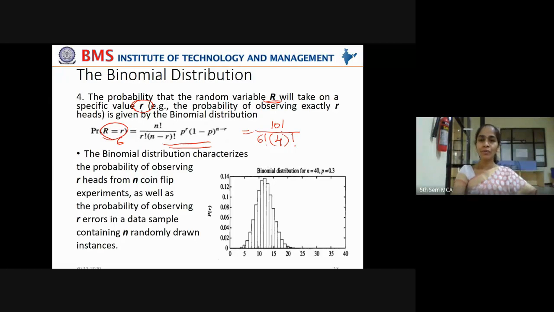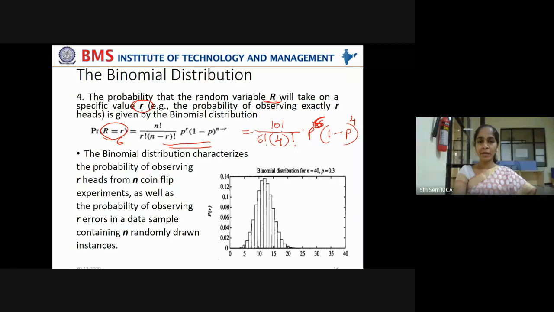Multiplied by the probability of observing head, P, in a single coin toss, raised to the power R, that is 6, because 6 times head is observed, into 1 minus P, the probability head is not observed, raised to the power 4, the number of times head is not observed. This is how you can understand the binomial distribution's mathematical representation.